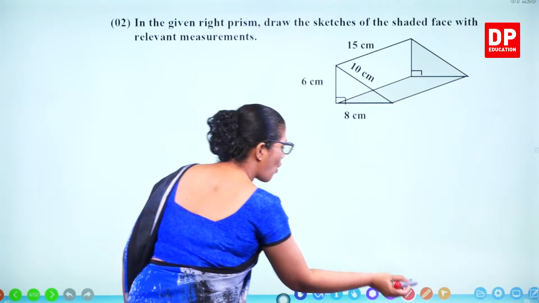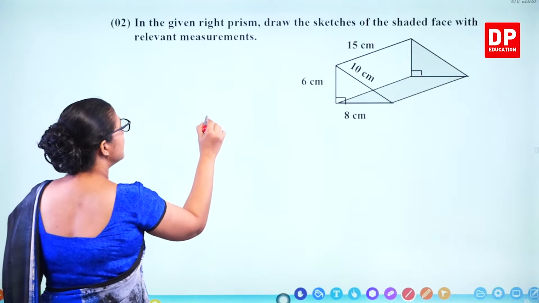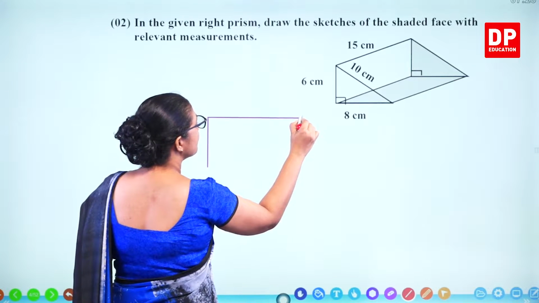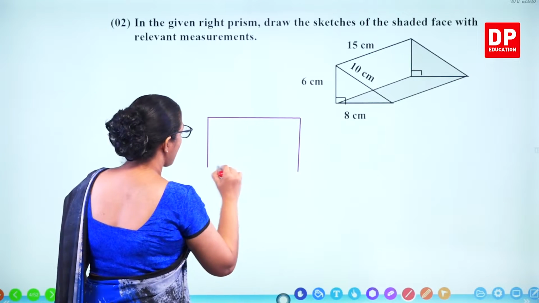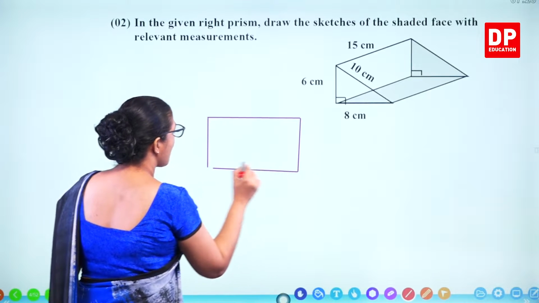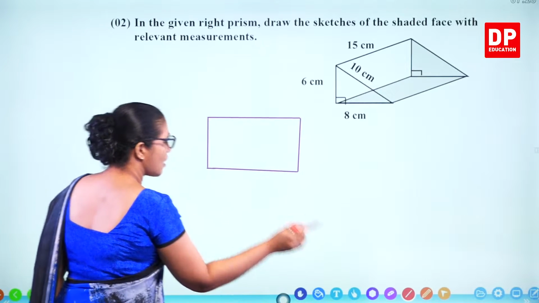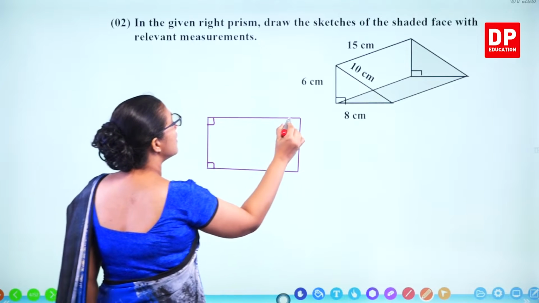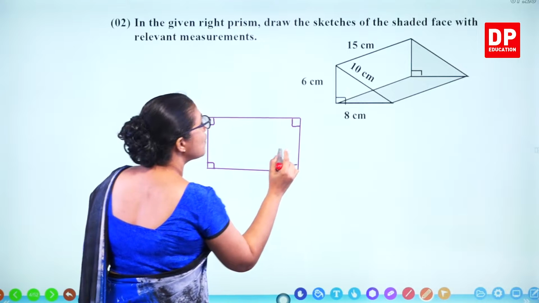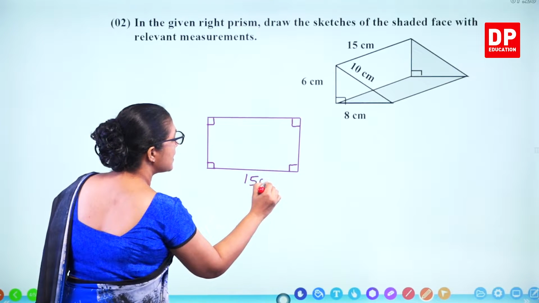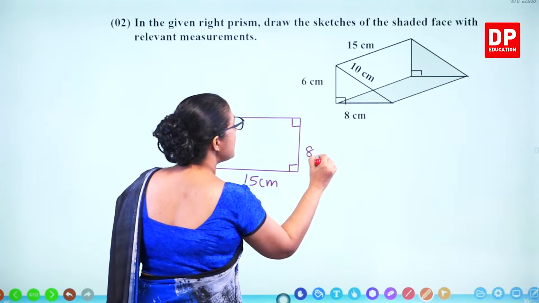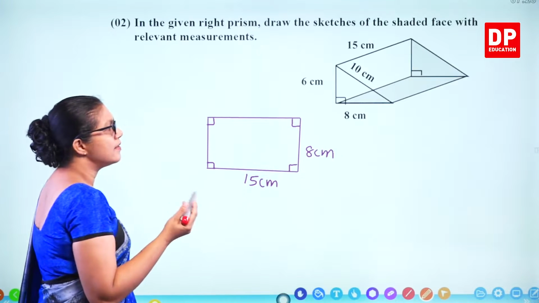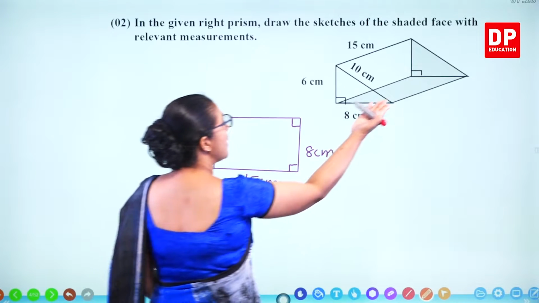So you can draw a rectangle with 15 centimeter length and 8 centimeter breadth. So that's one here in the base.